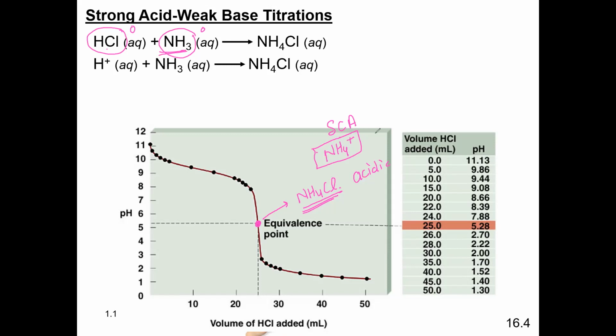It will come into water, break down into hydronium, and pH will be less than 7. Check. pH at the equivalence point is less than 7. It means at the equivalence point you have an acidic salt.